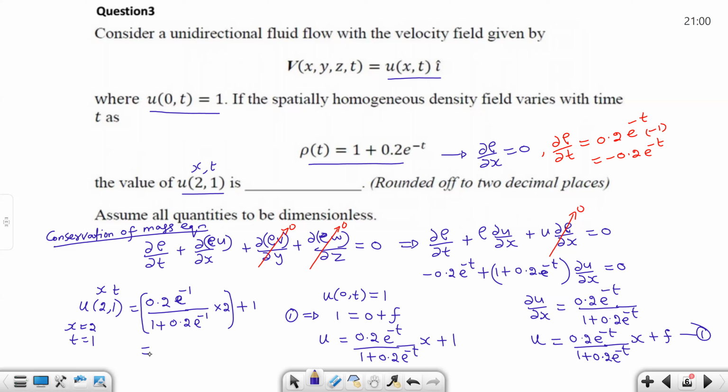Now we can get the answer. So it is 1.14 is the answer.